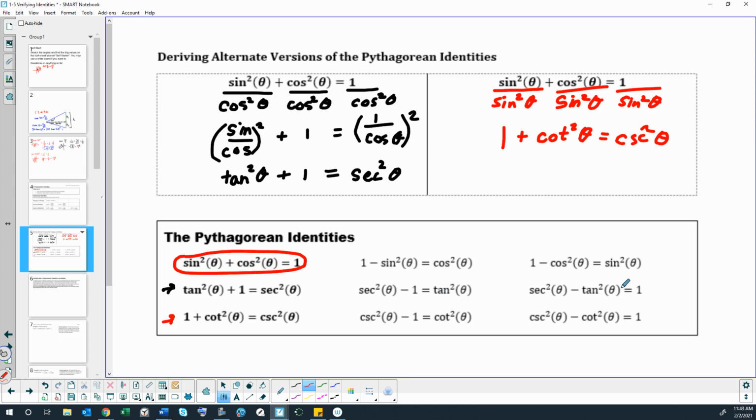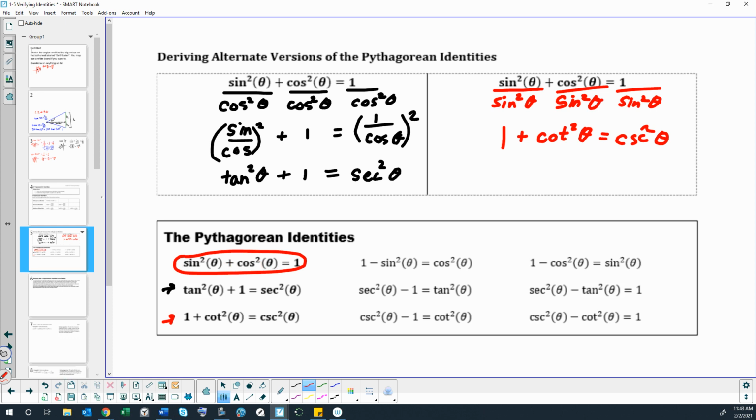This one's subtracting the tangent squared from both sides. This one is subtracting the 1 from both sides. This one is subtracting the cotangent squared from both sides. So this gives us 9 different possible versions of one identity, which is going to be very helpful to know as we start verifying other identities.